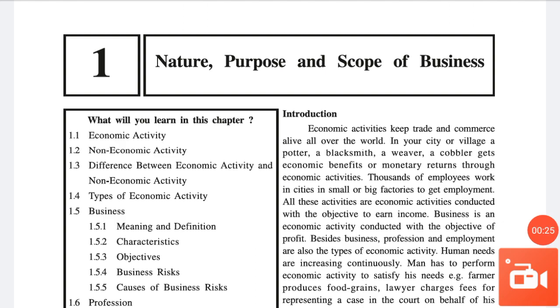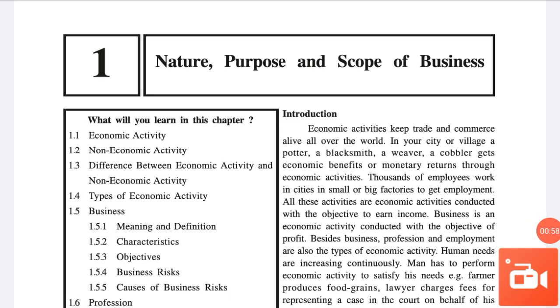In our first lecture of Standard 11th, we told you a little bit of idea about commerce and subjects. So, in OC, there are total 11 subjects and the first chapter is Nature, Purpose and Scope of Business. So, we start. Are you ready all? Okay, good.